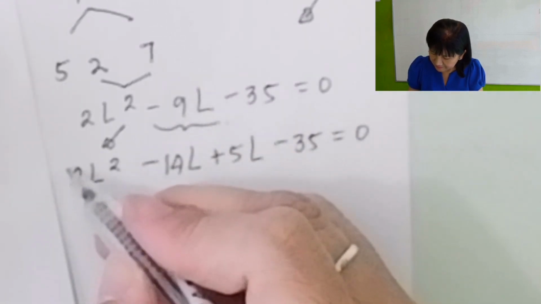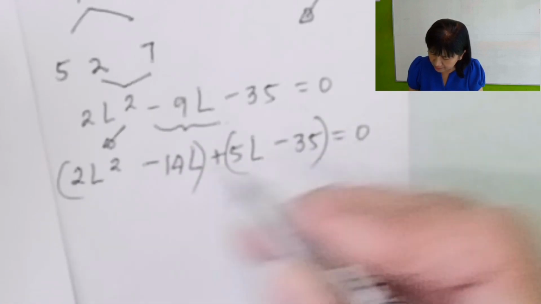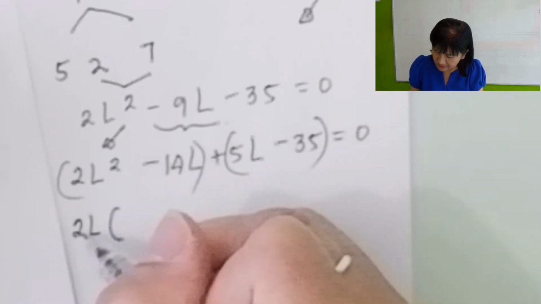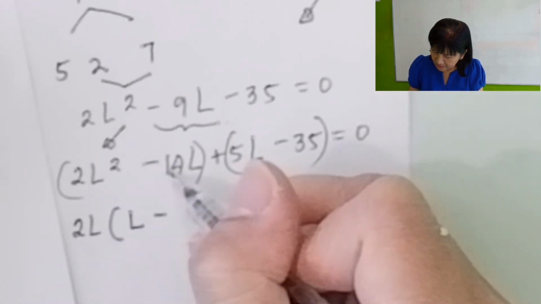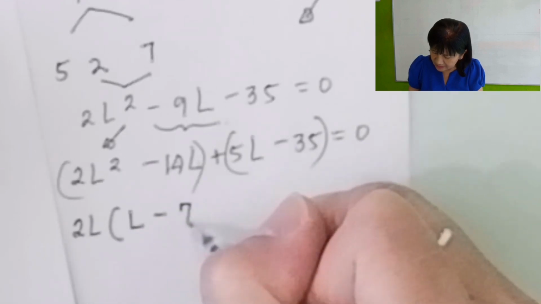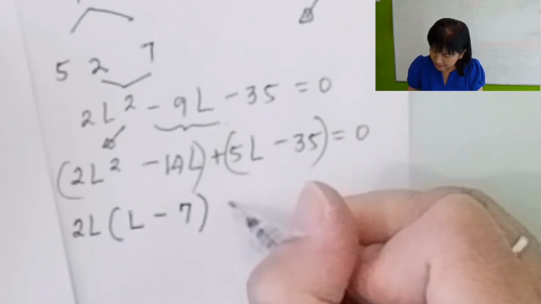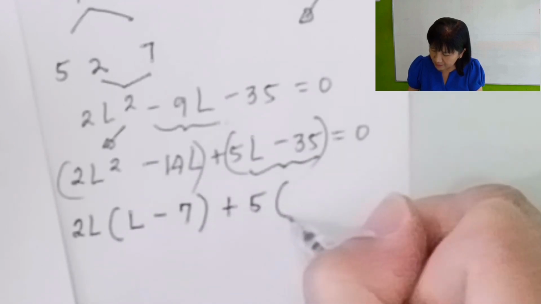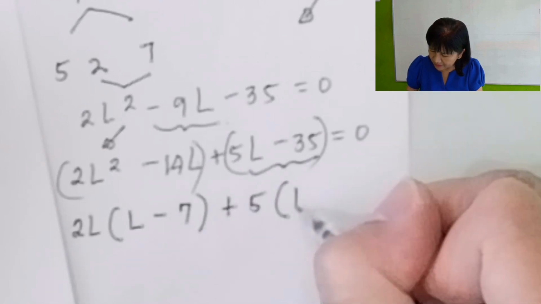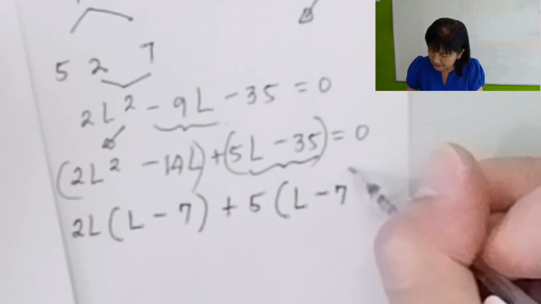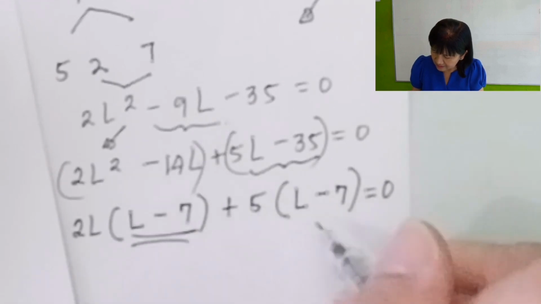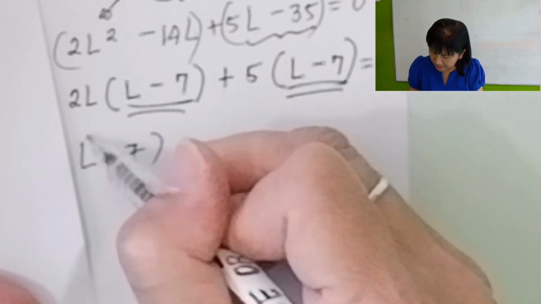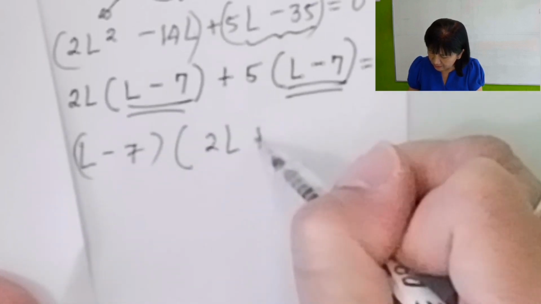Then group this and group this. Common factor is 2L, factor it out. 2L squared divided by 2L is L. Minus 14L divided by 2L is 7. Plus, common factor out here is 5 times the quantity 5L divided by 5 is L, minus 7 equals 0. Look at this. L minus 7 is common to both. So the factors are L minus 7 times 2L plus 5 equals 0.